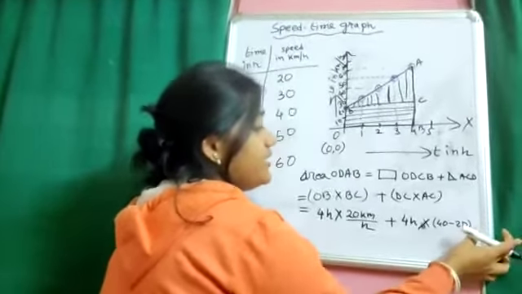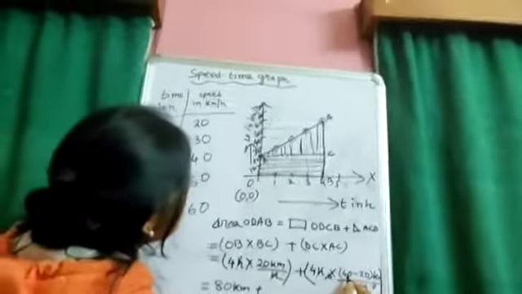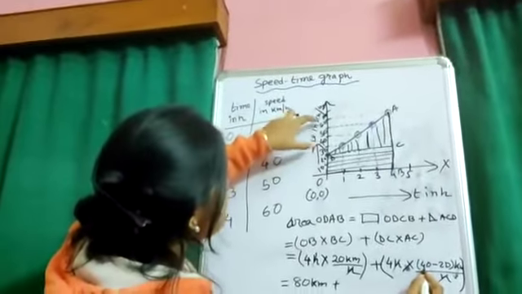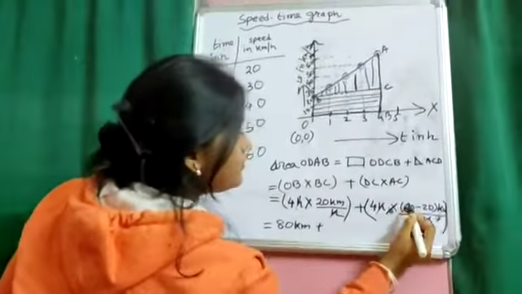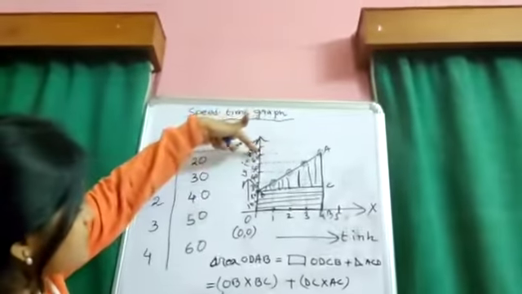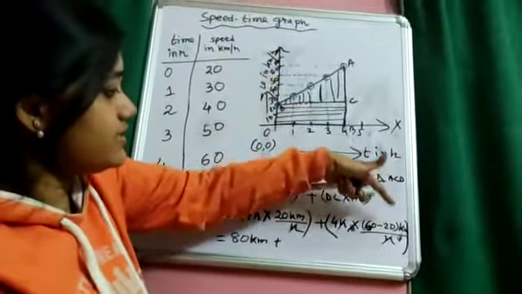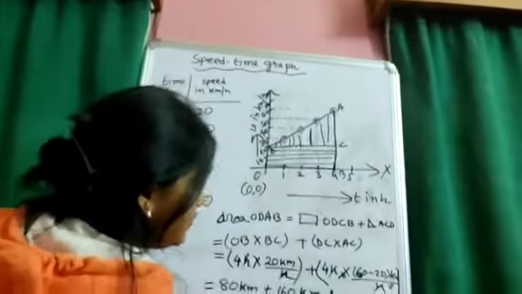This one reduces to 4 into 20, that is 80 kilometer, plus 4 into 40, that is 160 kilometer.